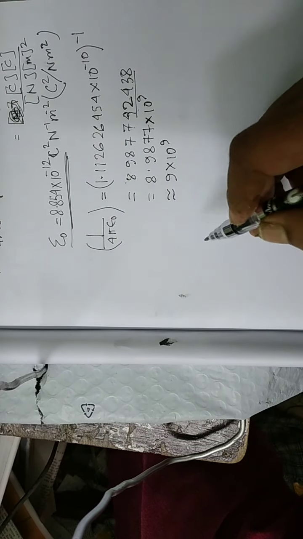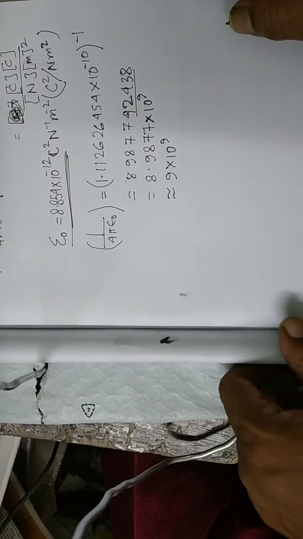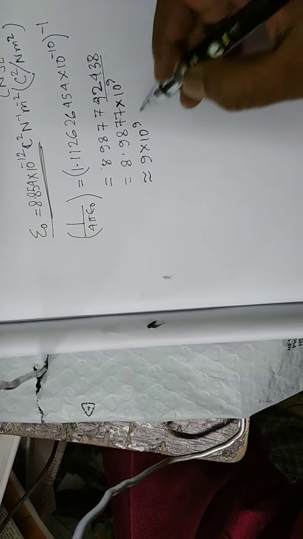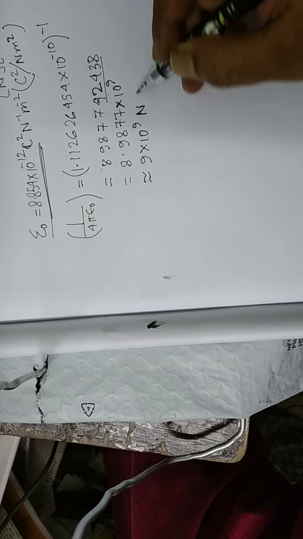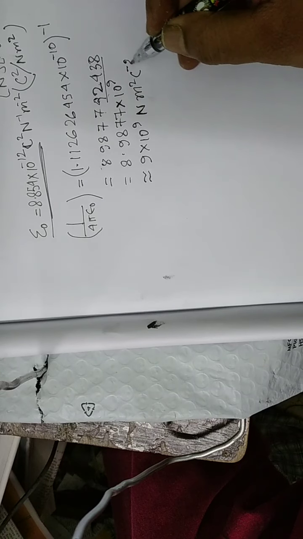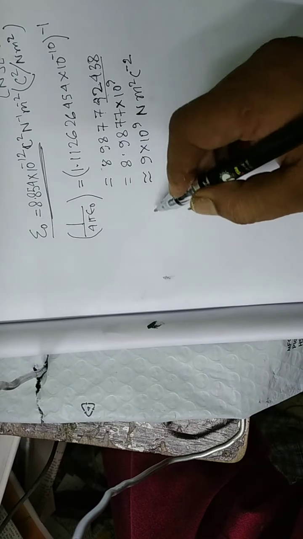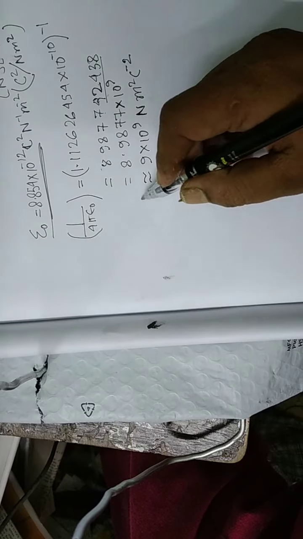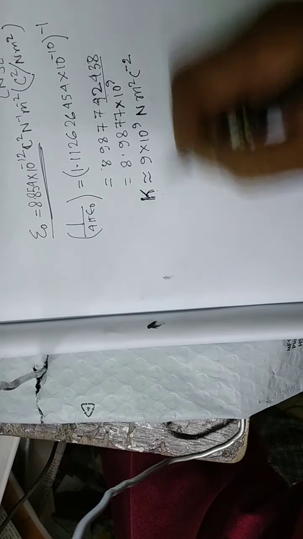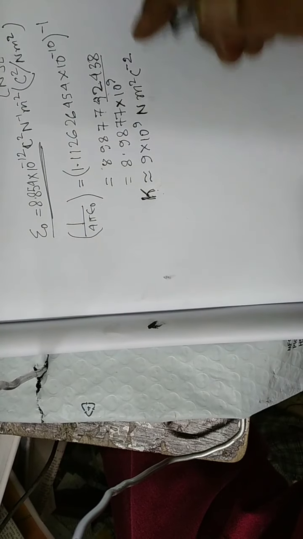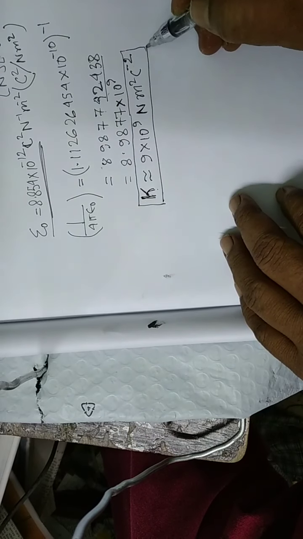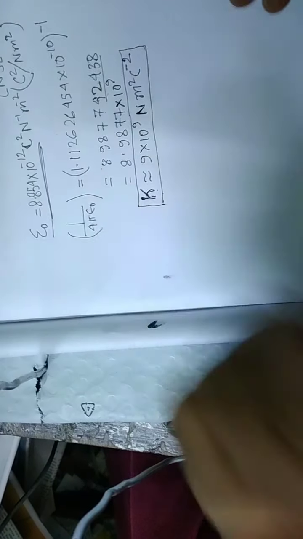So 1 by 4 pi epsilon naught can be taken as 9 into 10 to the power 9 Newton meter square per Coulomb square. Sometimes it is written as K. In problem solving, we can use this value directly without using 4 pi epsilon naught.